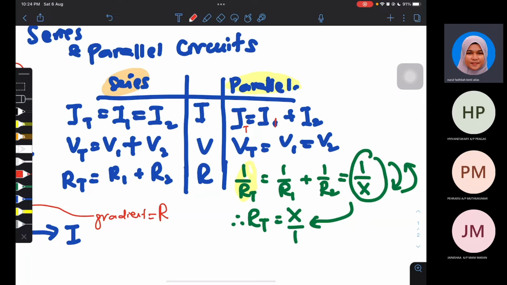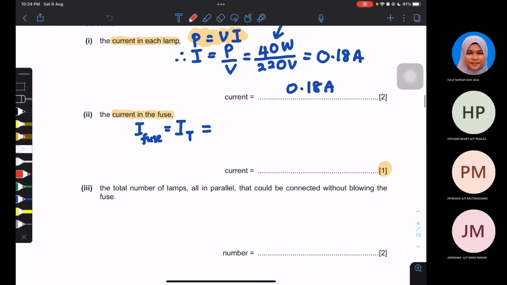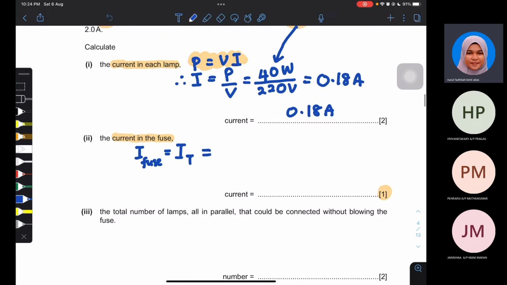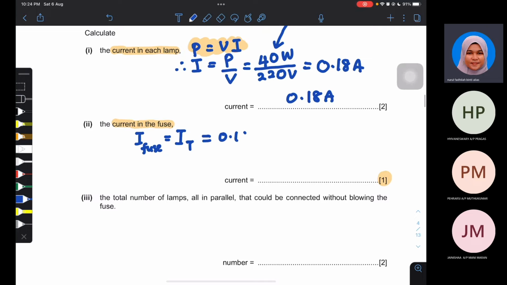I total sama dengan I1 plus I2. Jadi kat sini kita buatlah I total sama dengan tapi kita ada 3 bukan 2 sahaja. So 0.18 amps plus 0.18 amps plus 0.18 amps. Ataupun 0.18 times 3. So dapatlah berapa? 0.55.